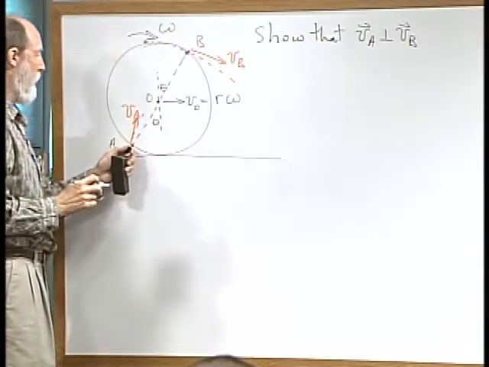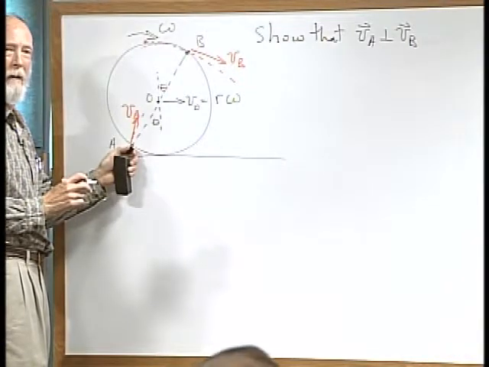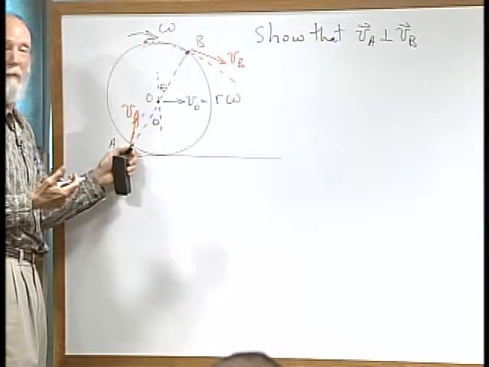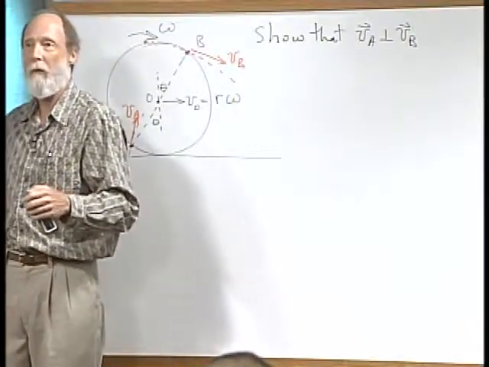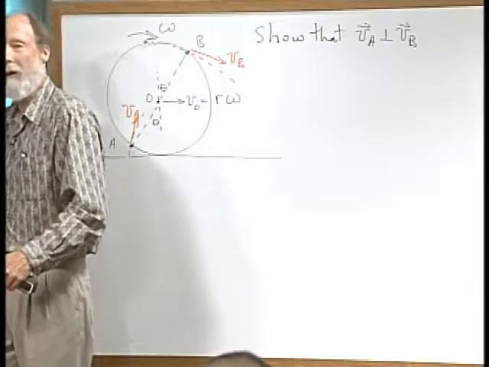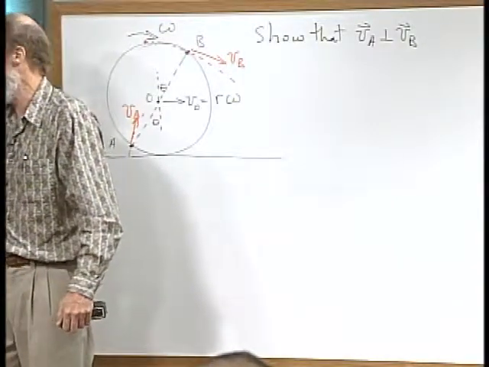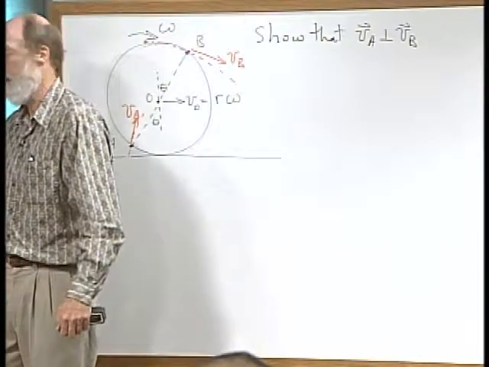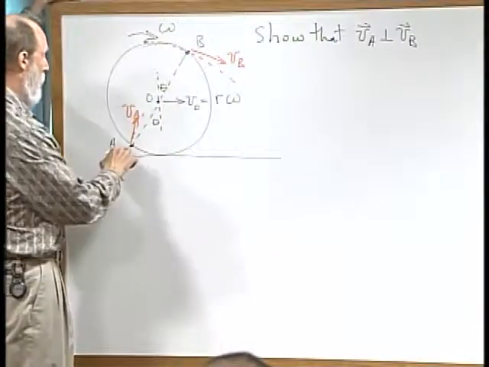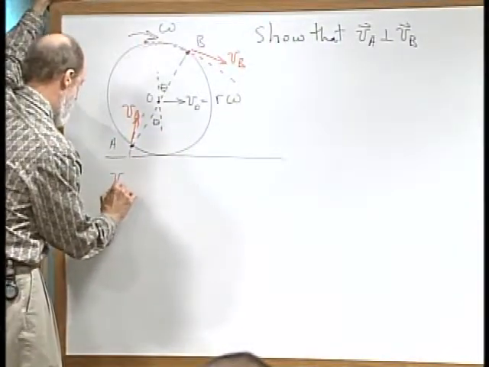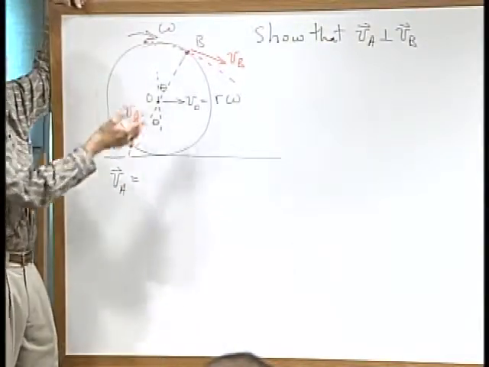So how did we develop the velocity of A the other day without looking back in your notes? We're going to use our governing equation over here, which was the velocity of a point is equal to the velocity of another point plus the relative velocity. So we're looking for the velocity of A, and that's equal to what is something that we do know on here?